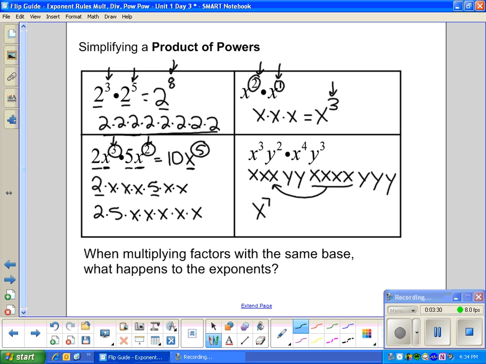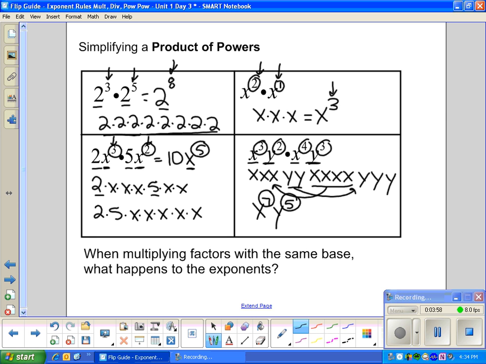Okay. And I'm going to move my y's over here. And I'll end up with y to the fifth power. You'll notice that my rule still holds true. Whenever I had the base of x, I added the exponents, 3 plus 4, and I got 7. Whenever I had a base of y, I added the exponents, 2 plus 3, and I got 5.